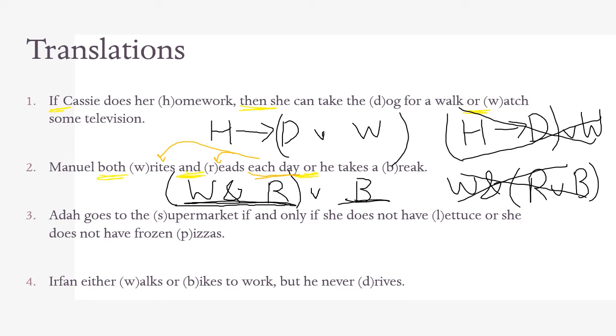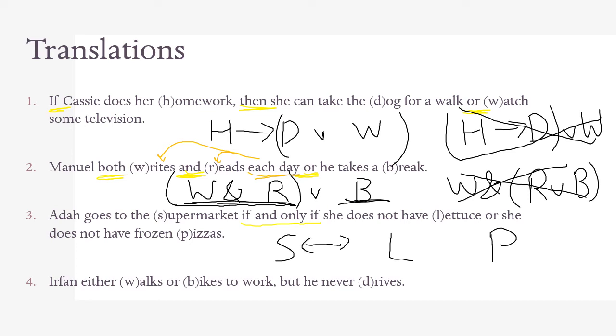So let's look at the next one. Ada goes to the supermarket if and only if she does not have lettuce or she does not have frozen pizzas. So we have S, L, P. And now let's look back through what we have. We have Ada goes to the supermarket if and only if. So if and only if is going to be represented by a double arrow.